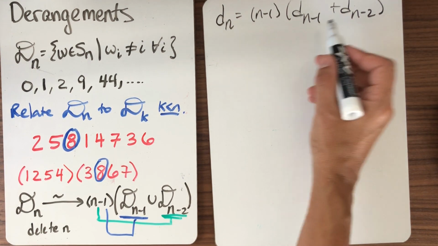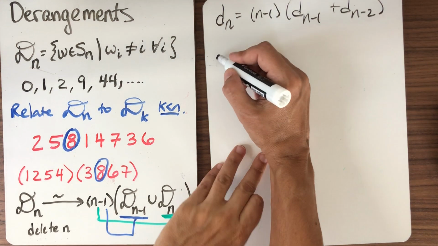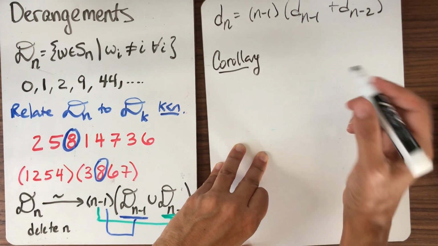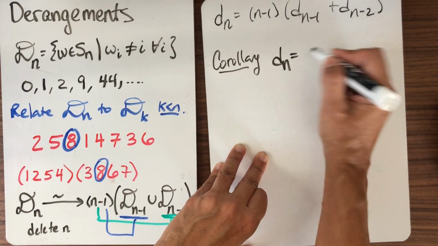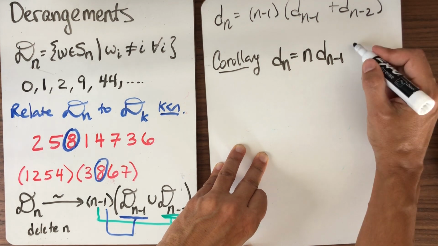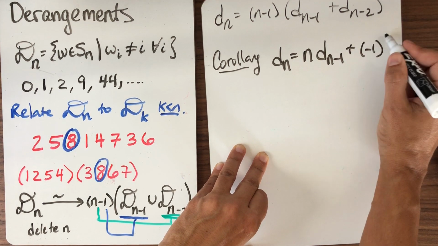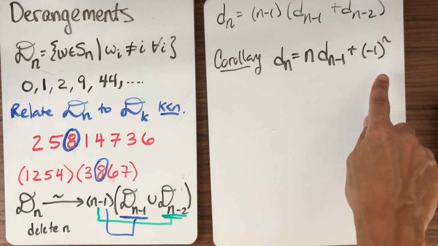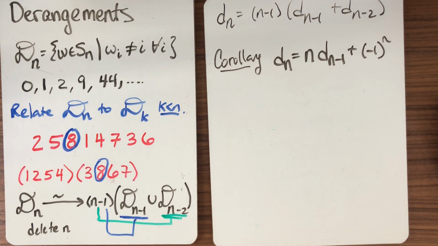If we just think about doing induction down on this, then we're going to get a corollary that goes as follows. dn is equal to n times dn minus 1 plus minus 1 to the n. So this is a fascinating formula because it's telling us that we're sort of one off from this formula.